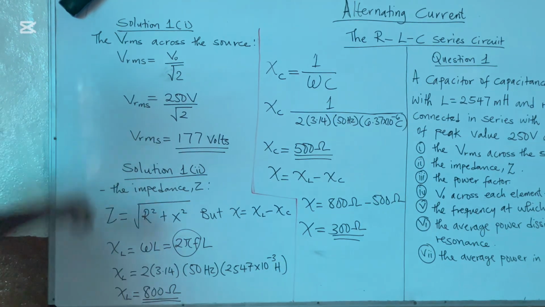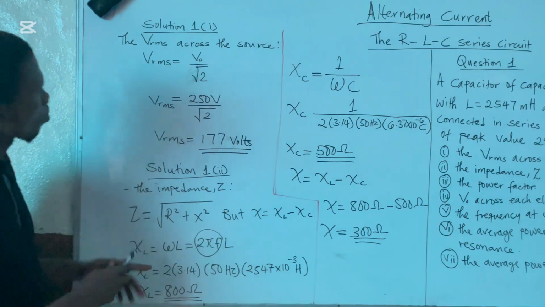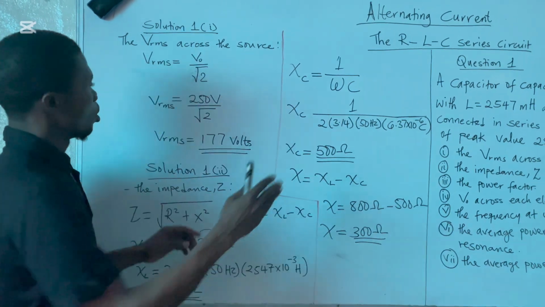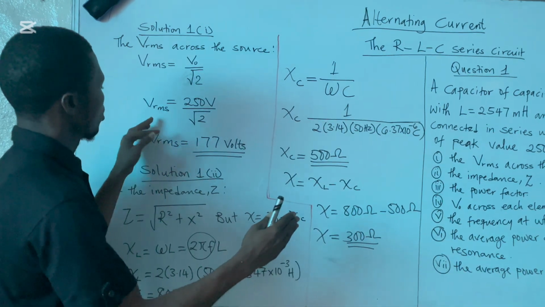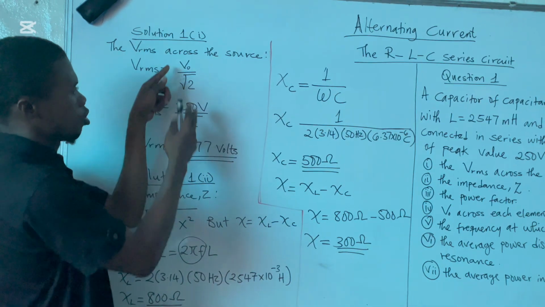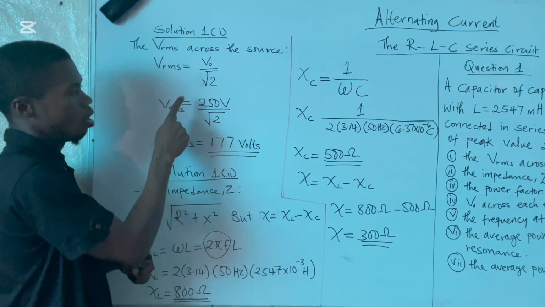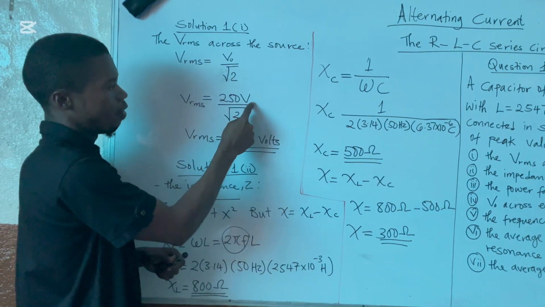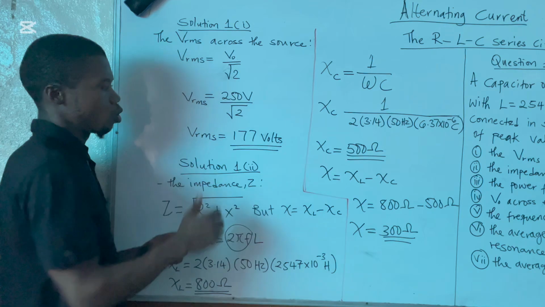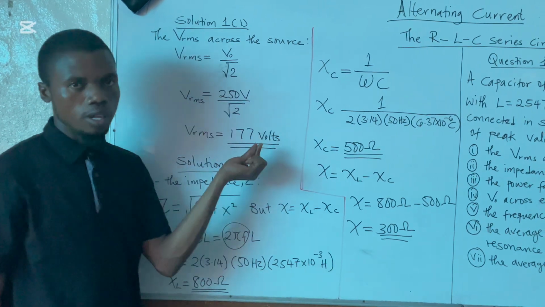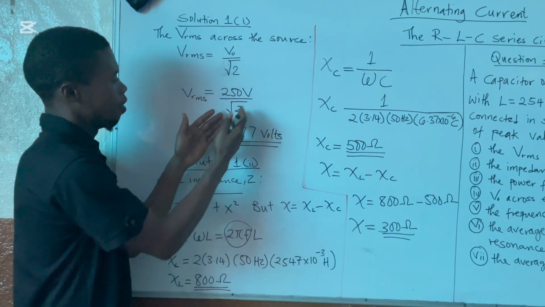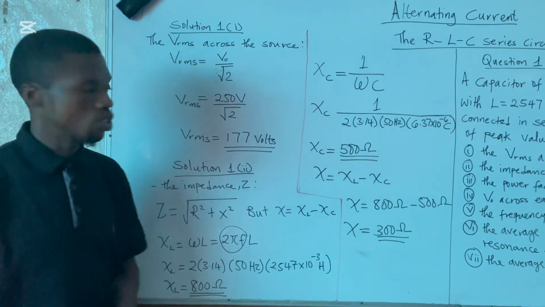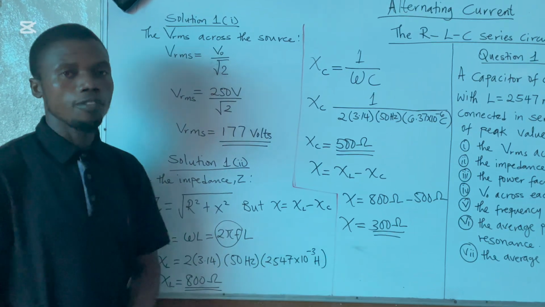Now we substitute the value for the peak voltage. So VRMS equals 250 V all over the root of 2. We put this in our calculator and divide by the square root of 2. The root mean square voltage is 177 volts.